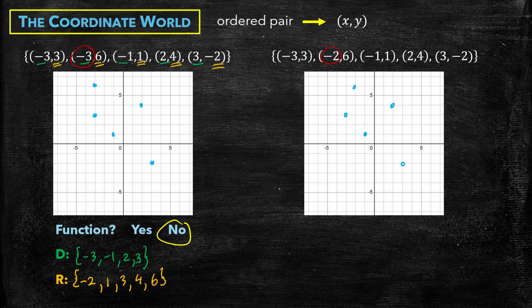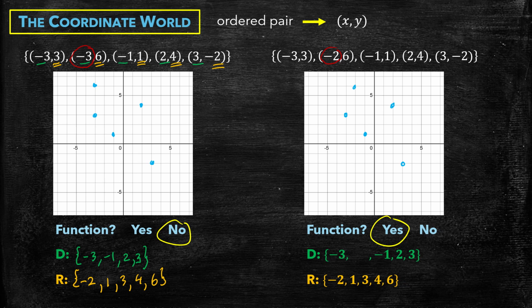And so first of all, notice that none of these points are aligned vertically with one another. That's a good sign. So is this a function? Yes, it is. The range stays the same, and notice that I shifted one of the -3's to -2, and that's my new domain and range, and this is a function.